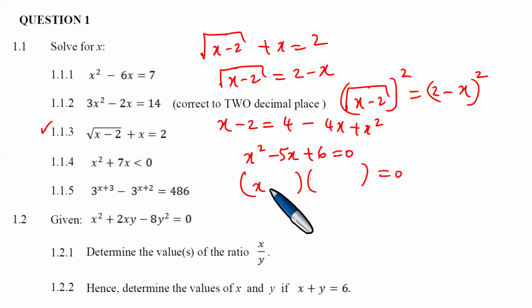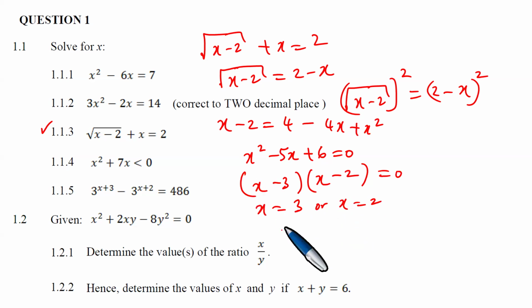Factors of x squared are x and x. What are those factors of 6 that give a minus 5? They are minus 3 together with minus 2, so that x is equal to 3 or x equals 2.